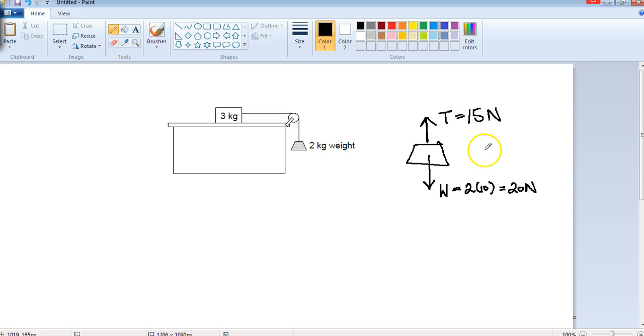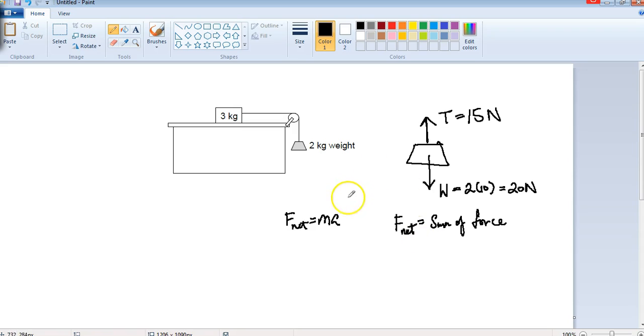Now, it is pretty simple, and from here we can actually work out the acceleration of this weight already. First, I will do the standard thing. I will write down two equations: F net is the sum of forces, and F net is equal to ma.